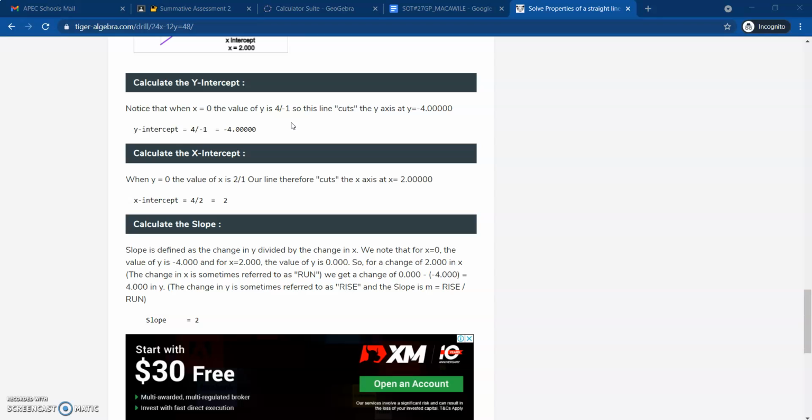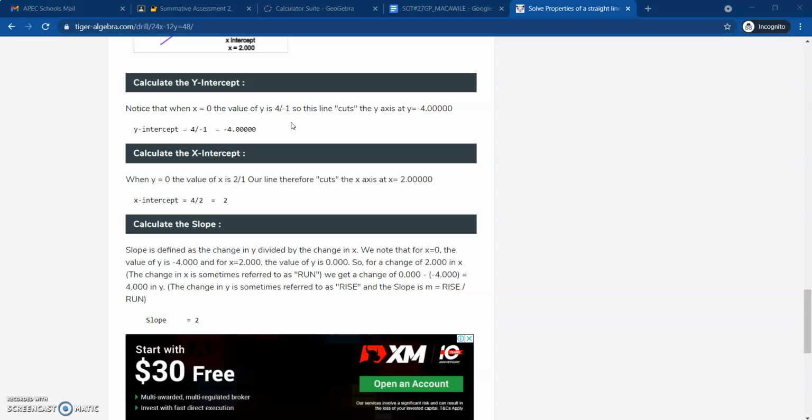So we have to divide, okay? Slope is defined as the change in y divided by the change in x. We know that for x equal to 0, the value of y is minus 4. And for x equal to 2, the value of y is 0.